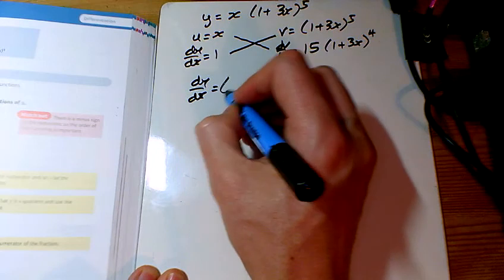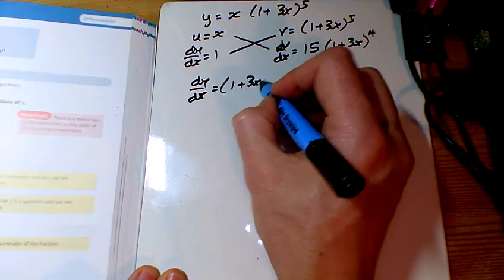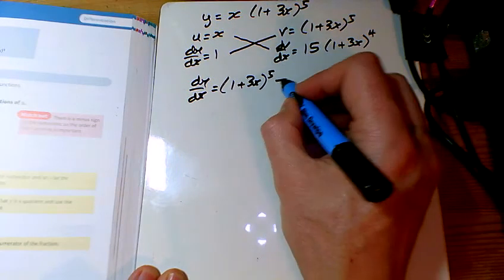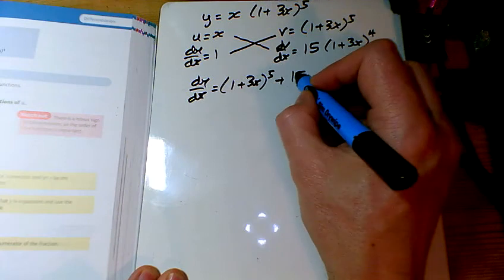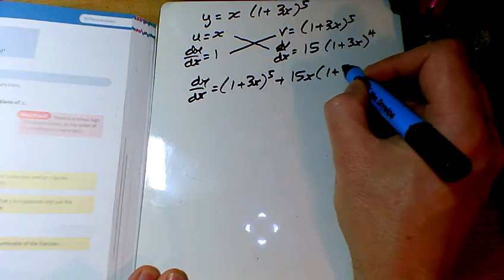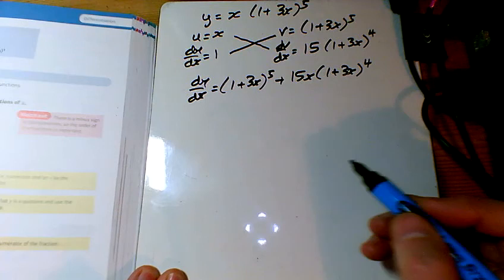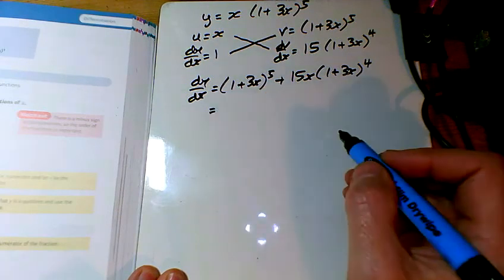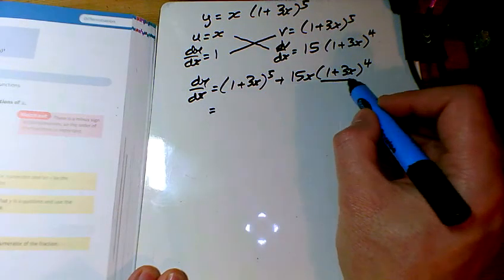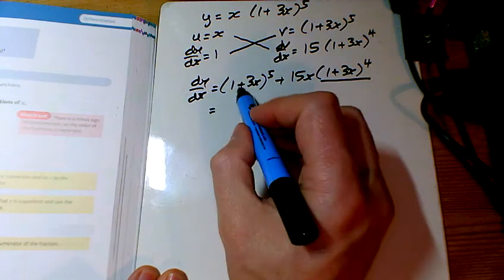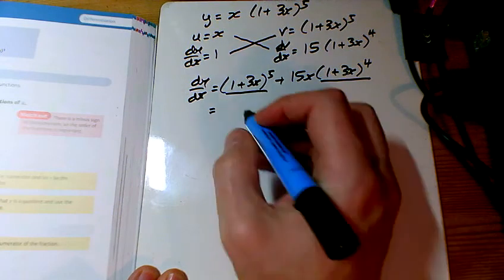So dy by dx is 1 plus 3x all to the power of 5 plus 15x times 1 plus 3x all to the power of 4. Now we should tidy this up a bit because we can see a factor here. There's 1 plus 3x to the power of 4 in here and contained within here.